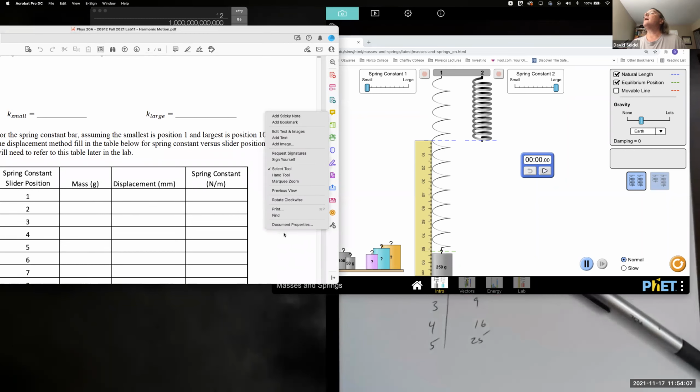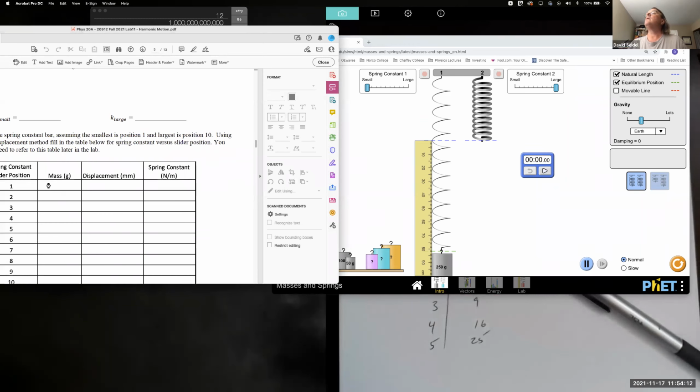So I'd go over here and try to get this on here. Let's see if I can figure out how to add text here. So 0.25 kilograms. My displacement is 0.82 meters, or I could do 820 millimeters.